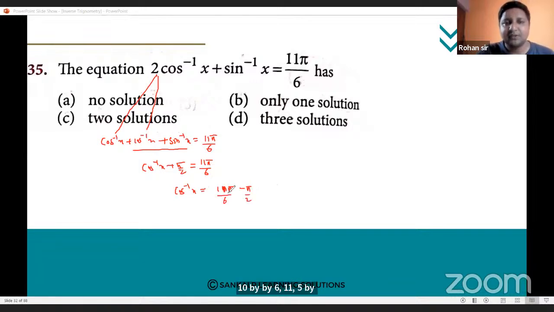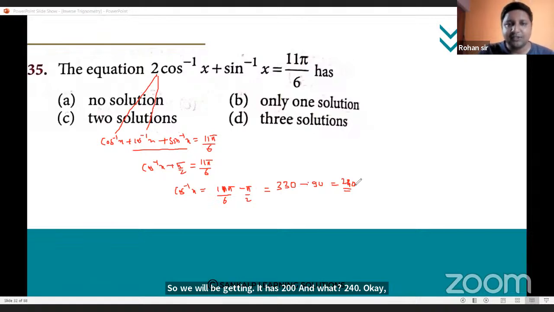Pi by 2. Okay, so we know 11 into 30 will be 330, minus 90. So we will be getting it as 240. So cos inverse x is equal to 240.